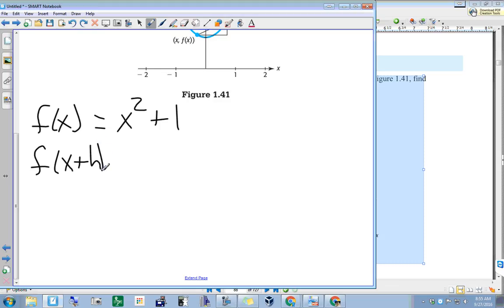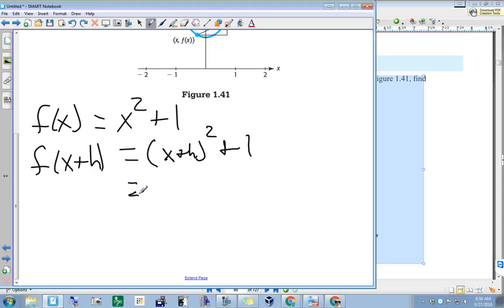Now, is it supposed to be that whatever is in that parenthesis gets put in for the variable? Yes? No? Maybe? After all, if there was a 3 in there, we'd put 3 in there, square it, add 1, right? So if I've got x plus h, just because it's x plus h does not mean I do something different. So this turns out to be x plus h squared plus 1.